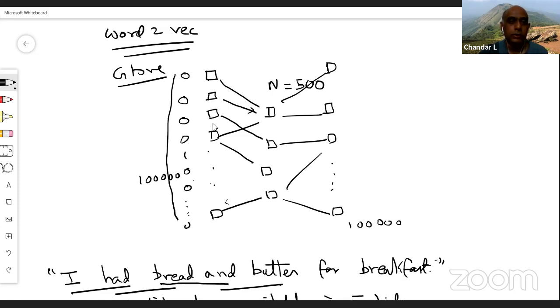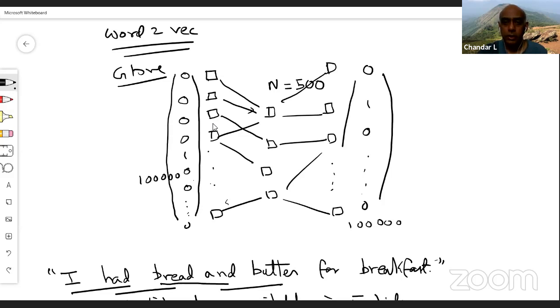So we are feeding in this vector, which is the first part of the bigram, "I". And the output is going to be the second word, "had". And let us say "had" was actually the word number 2. So it would have been 0, 1, and then everywhere else is 0. So this is the input and this is the output. And because this is a fully connected layer, let us say this is represented by a weight matrix W. In any neural network, we have a matrix.